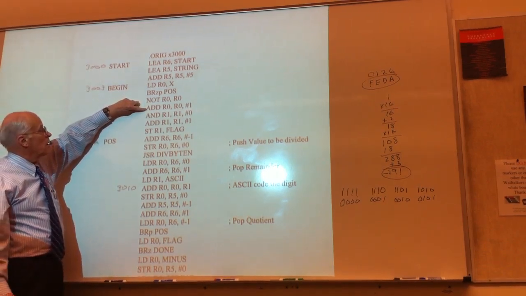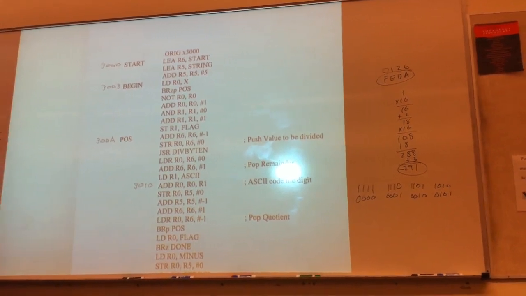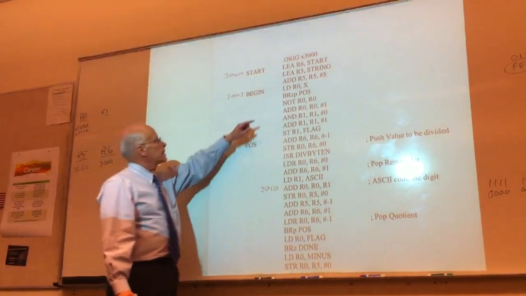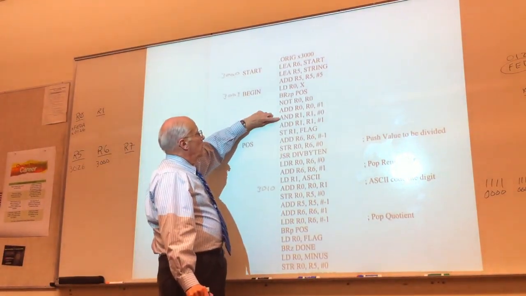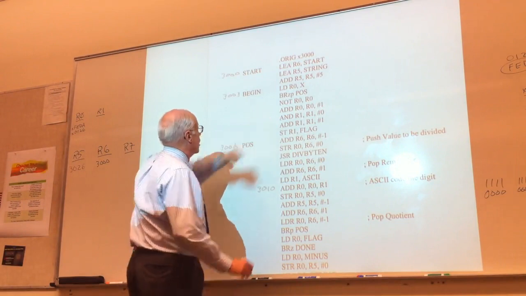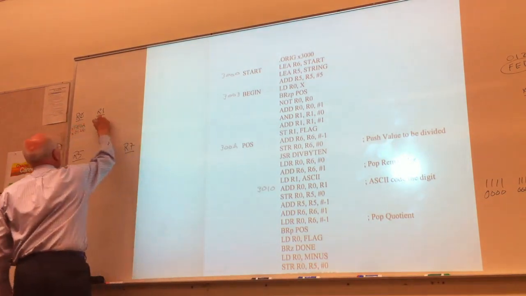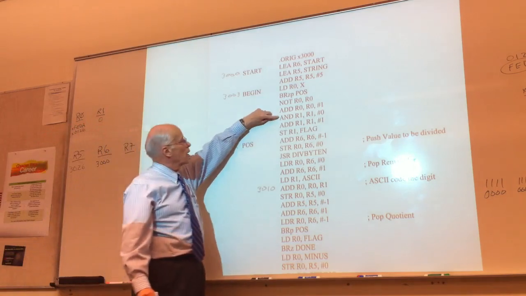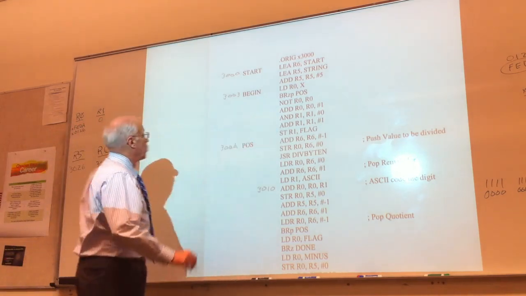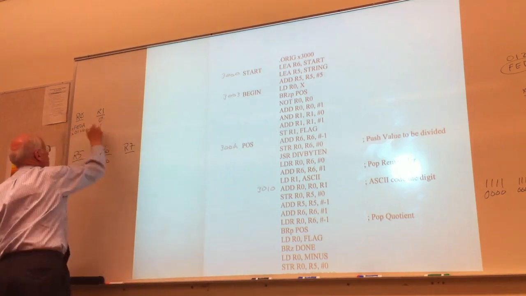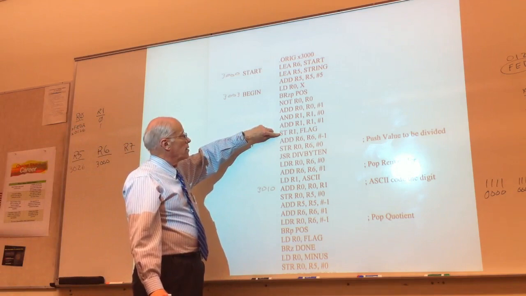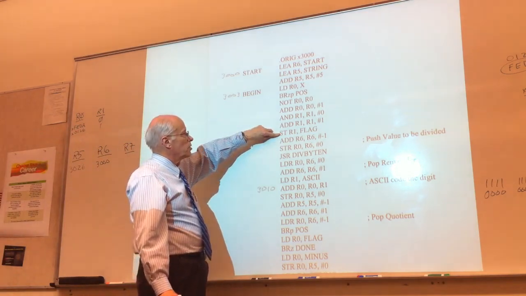This says add 1 onto it, so I get 0126. This clears register 1, so I get a 0 in register 1 out of this AND. Add 1 to it, so now I've got a 1 there, and I store that in location flag.